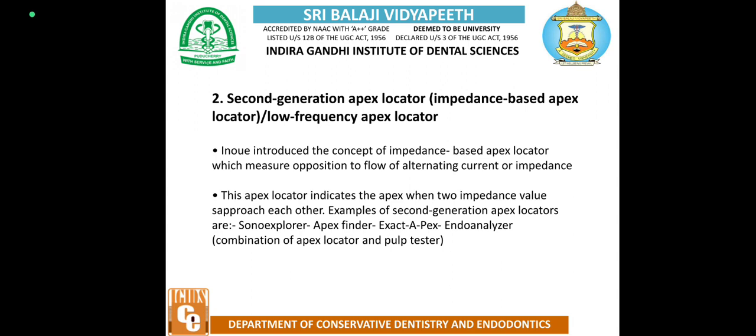Next is the second generation apex locator or low frequency apex locator. It introduced the concept of impedance based apex locator, which measures opposition to flow of alternating current, or impedance. This apex locator indicates the apex when two impedance values approach each other.